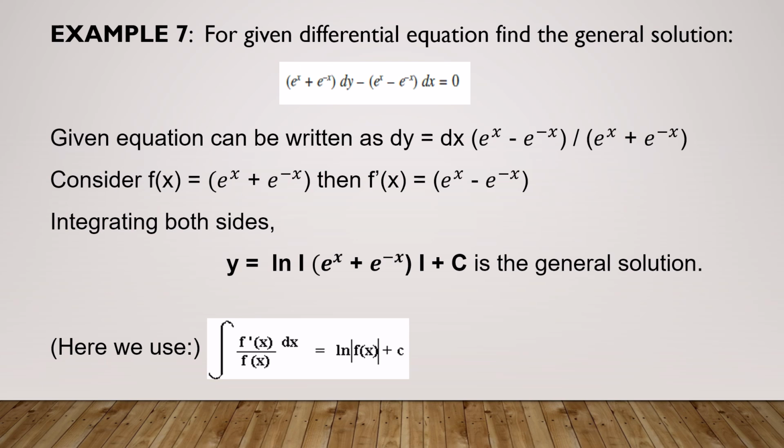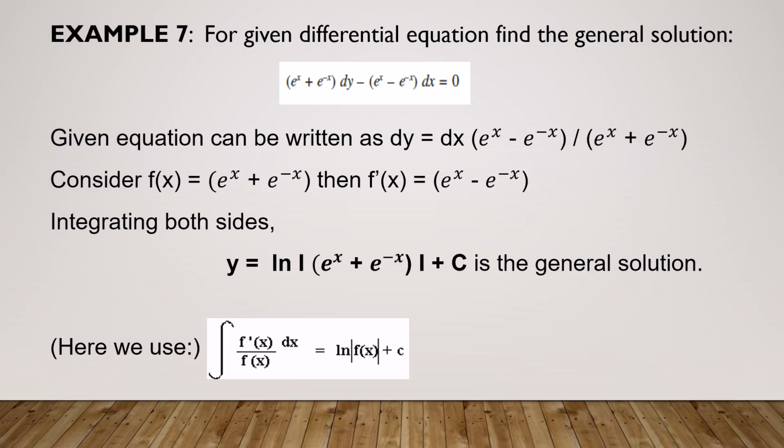Now for integrating the right hand side, consider your function f x as e raised to x plus e raised to minus x. What is its derivative? The derivative of e raised to x is e raised to x and the derivative of e raised to minus x is minus of e raised to minus x. So basically your right hand side function is of the type f dash x upon f x.